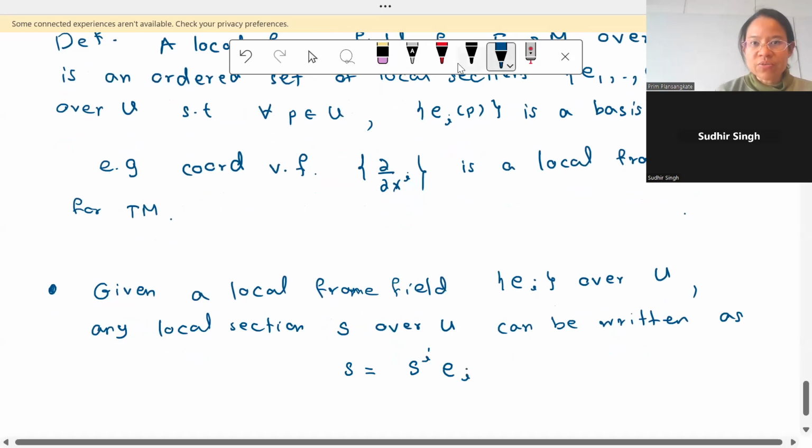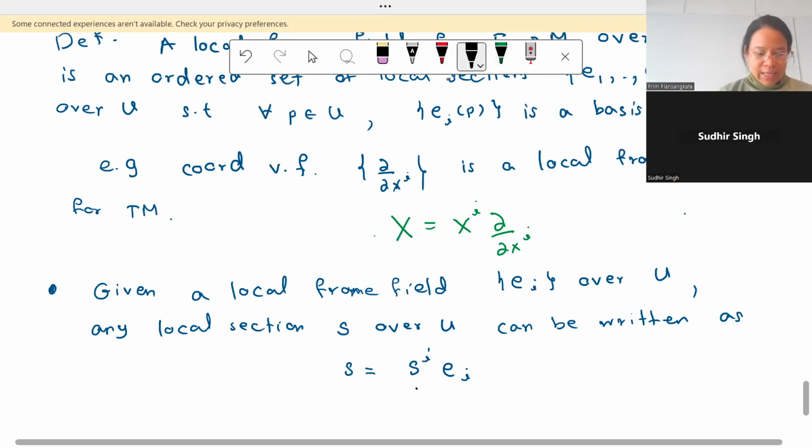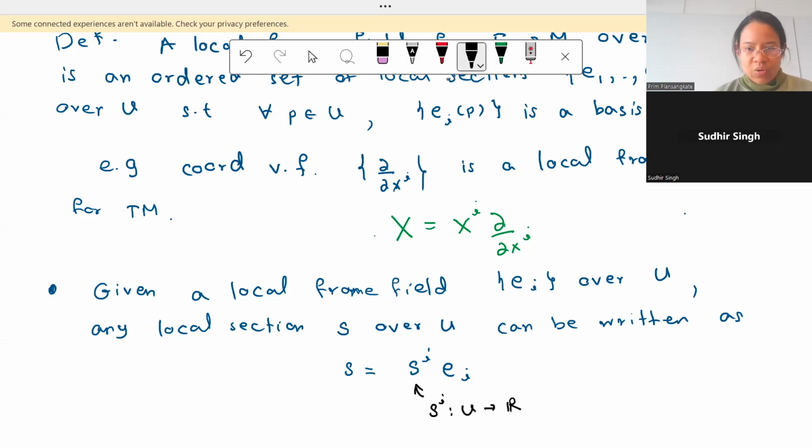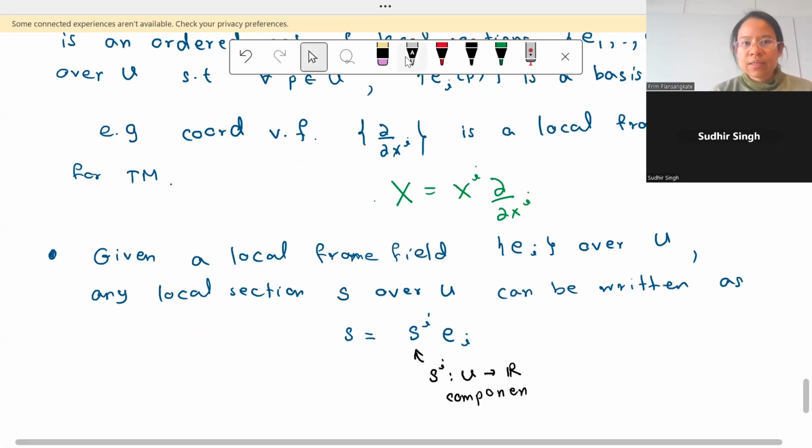So it's similar to what we have for the tangent vector field before. Right? So something like this, it's the same. But S^i is a real valued function on U, called the component function. Okay.